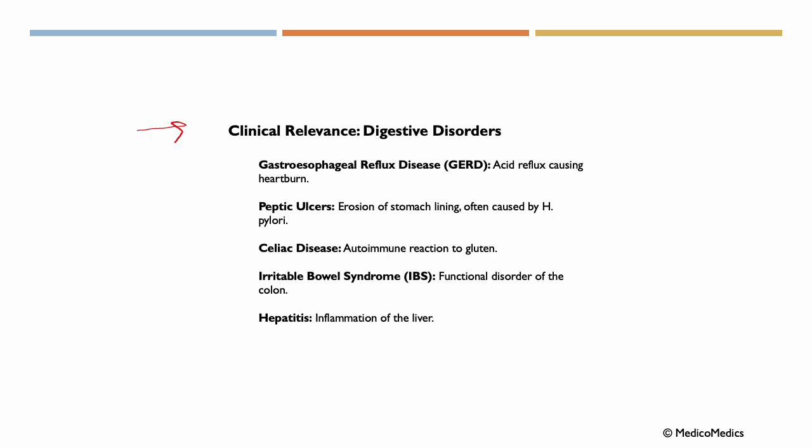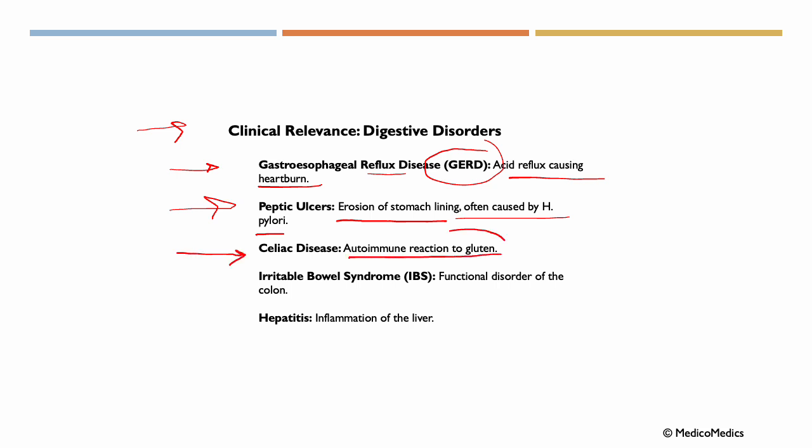So some digestive disorders then. We have gastroesophageal reflux disease, or GERD, which is acid reflux causing heartburn. We have peptic ulcers, so erosion of the stomach lining, often caused by the pathogen Helicobacter pylori, if my memory serves me right. Then we have celiac disease, an autoimmune reaction to the ingestion of gluten.